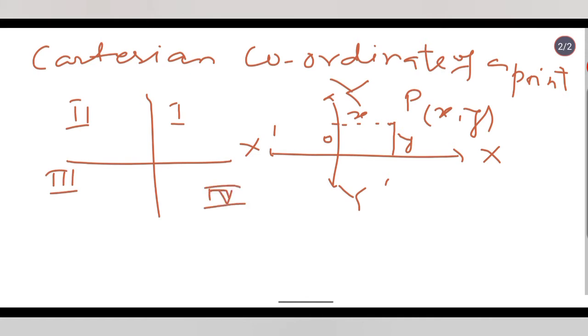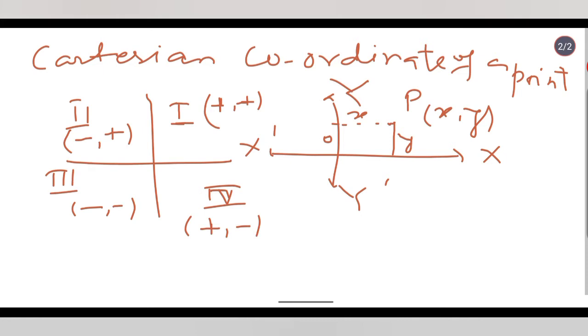Now talk about the signs. In the first quadrant, both coordinates x and y are positive. In the second quadrant, x is negative and y is positive. In the third quadrant, both are negative, and in the fourth quadrant, x is positive and y is negative.